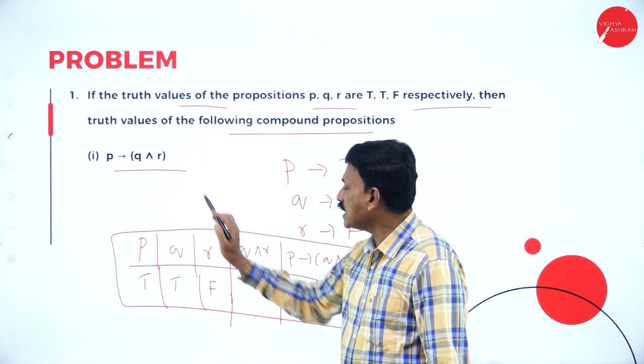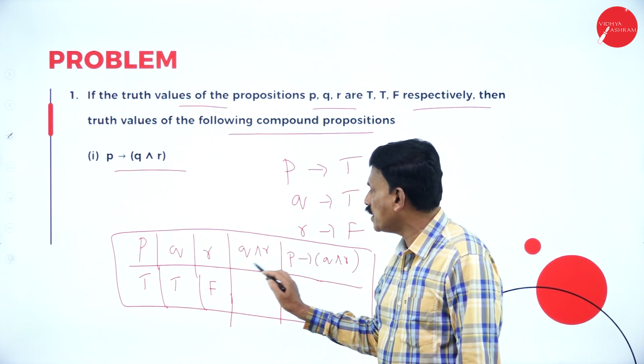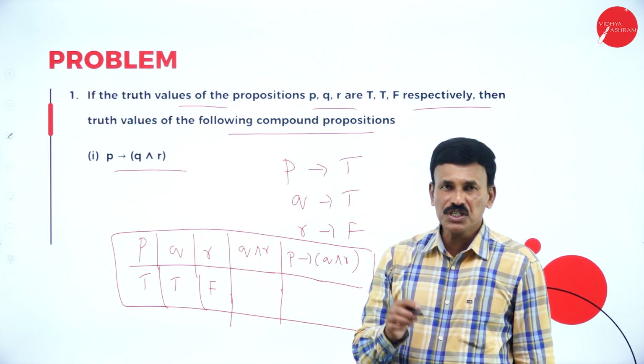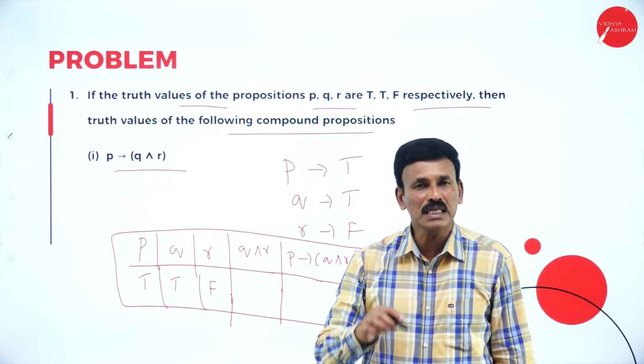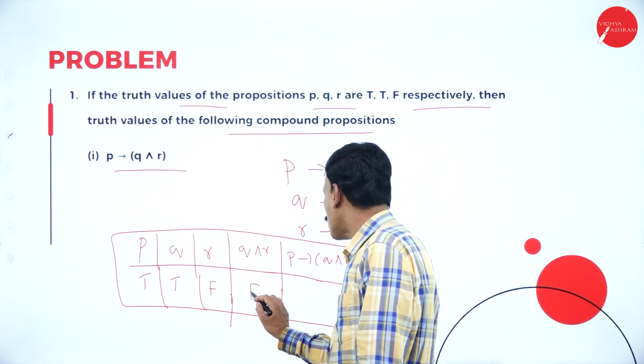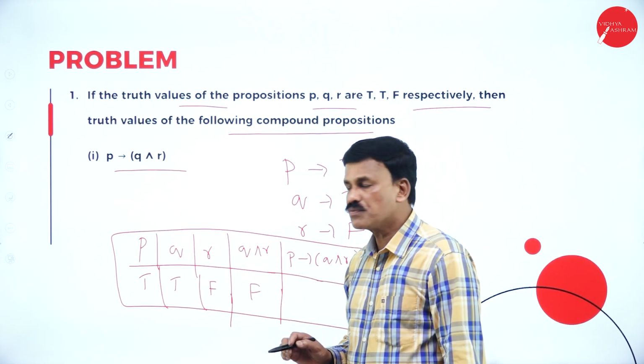Now write down the conjunction for Q and R. Conjunction means if it is true and true, then only true. In other cases it is false. So true and false is false.